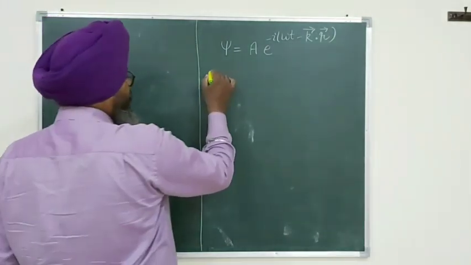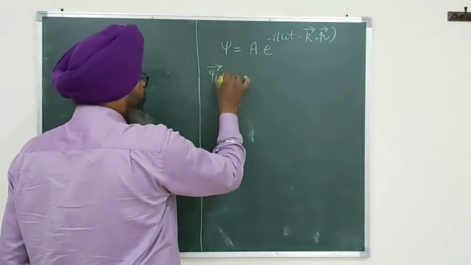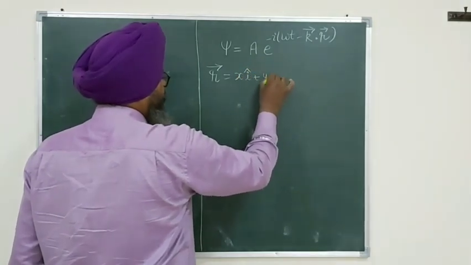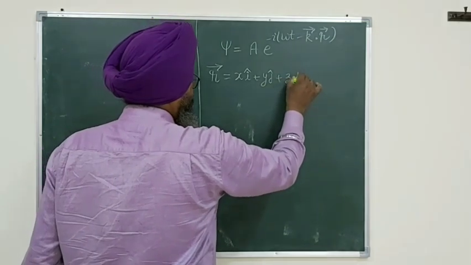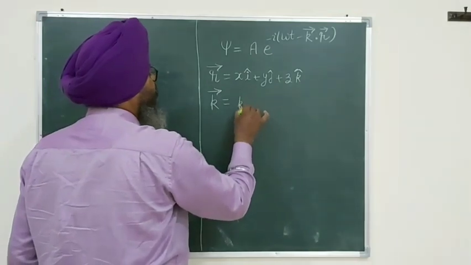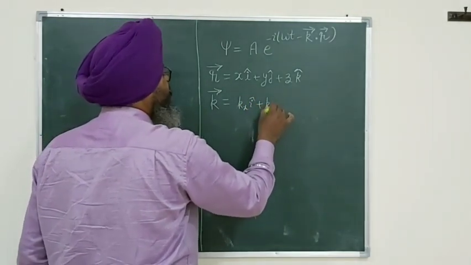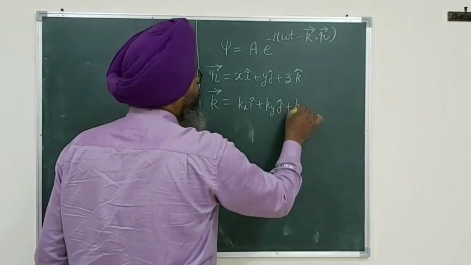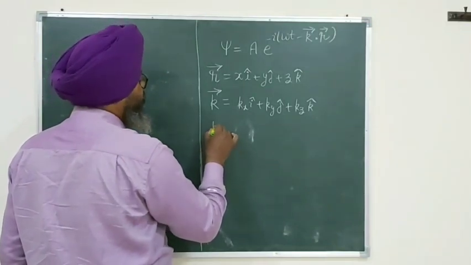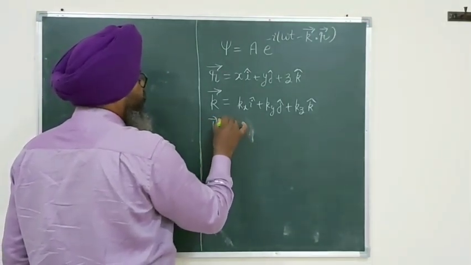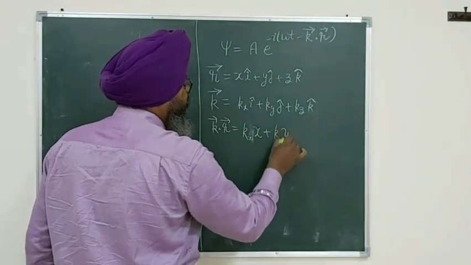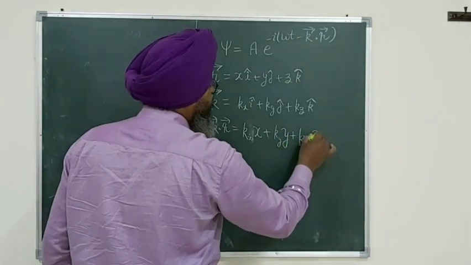So kindly remember that in this whole discussion r vector will always be equal to x i cap, y j cap and z k cap. K vector will always be equal to kx i cap, ky j cap and kz k cap, and this k dot r will always be equal to kx x plus ky y plus kz z.